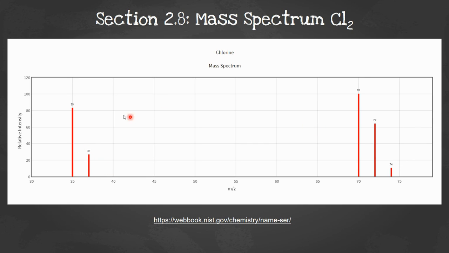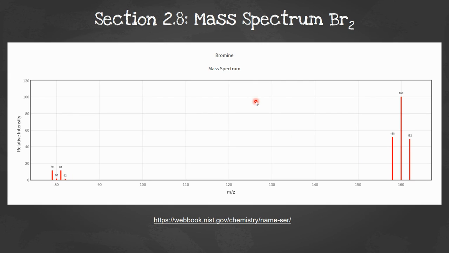Okay, so this is how we tell the relative abundance of the different isotopes, and we're going to look at a few more examples here. Here's bromine. How many different isotopes does bromine have? If we look over here, the Br2 was split into the individual atoms, and we have this little group where we have bromine-79, bromine-80, a tiny amount of 81, and bromine-82. So there are 4 different isotopes of bromine represented right here.